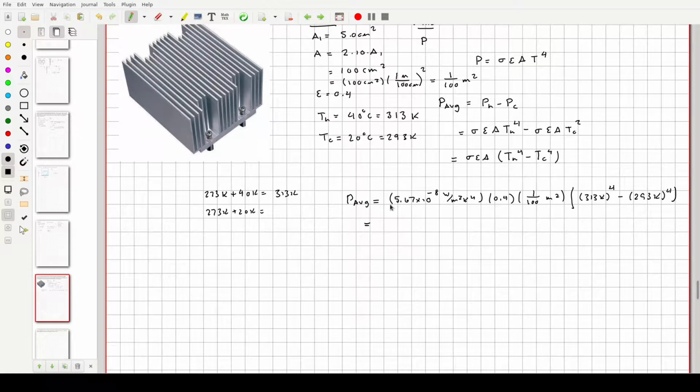So let's plug this into the calculator. 5.67 times 10 to the minus 8th power times 0.4 times 1/100th times 313 raised to the 4th power minus 293 raised to the 4th power.